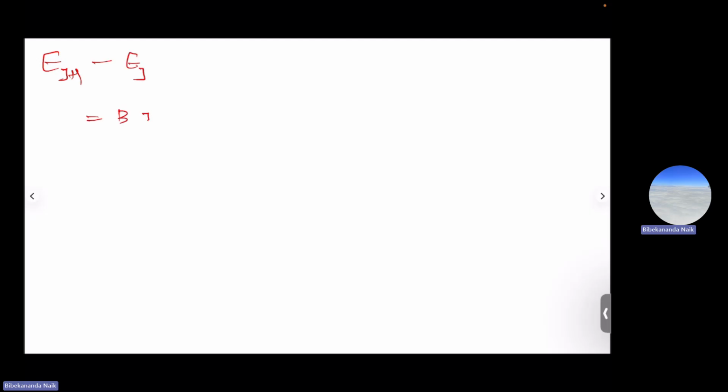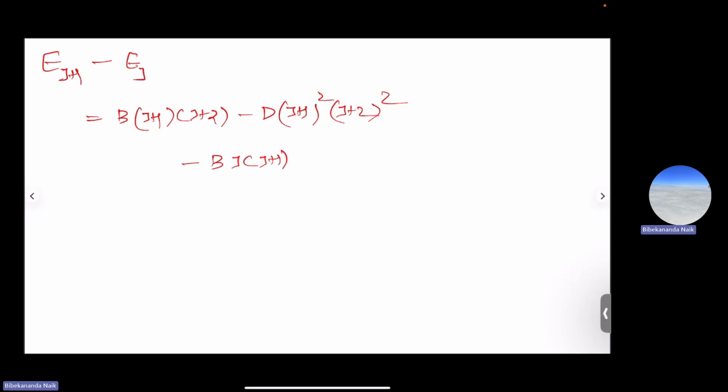B J plus 1 into J plus 2 minus D J plus 1 square into J plus 2 square, minus B J into J plus 1, plus D J square into J plus 1 square.